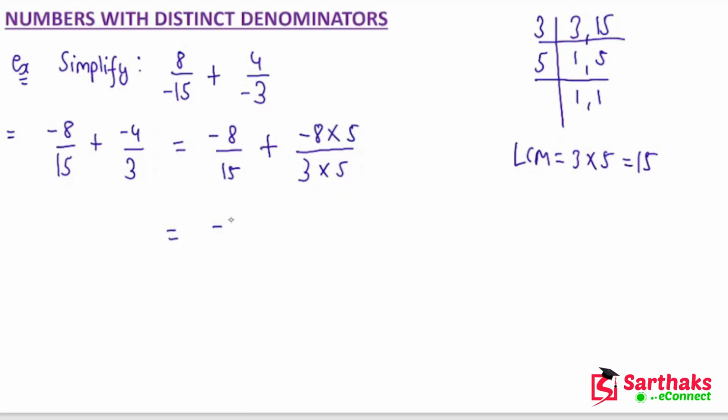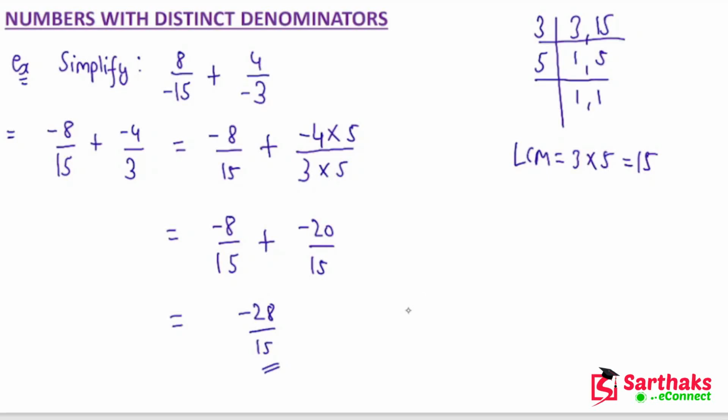So we will get minus 8 upon 15 plus minus 20 upon 15. There was not 8, it was minus 4. So we have to multiply minus 4 by 5 and we will get minus 20 upon 15. So the answer would be minus 28 upon 15.